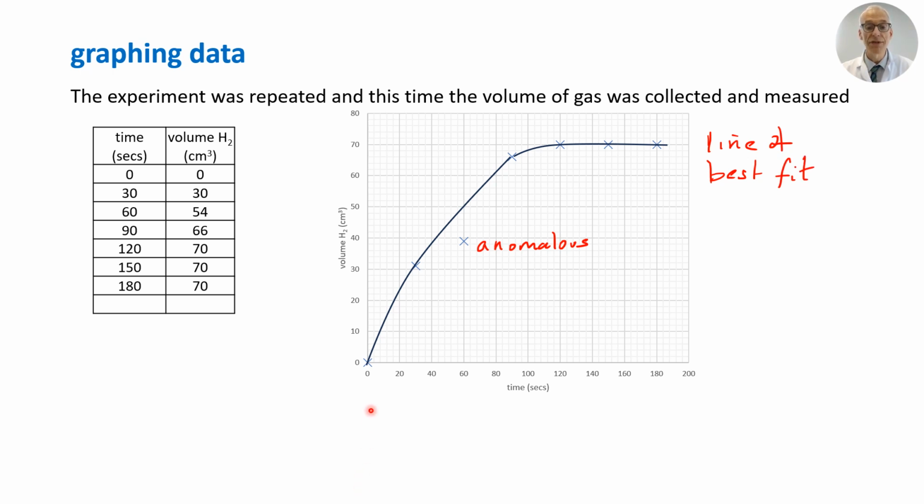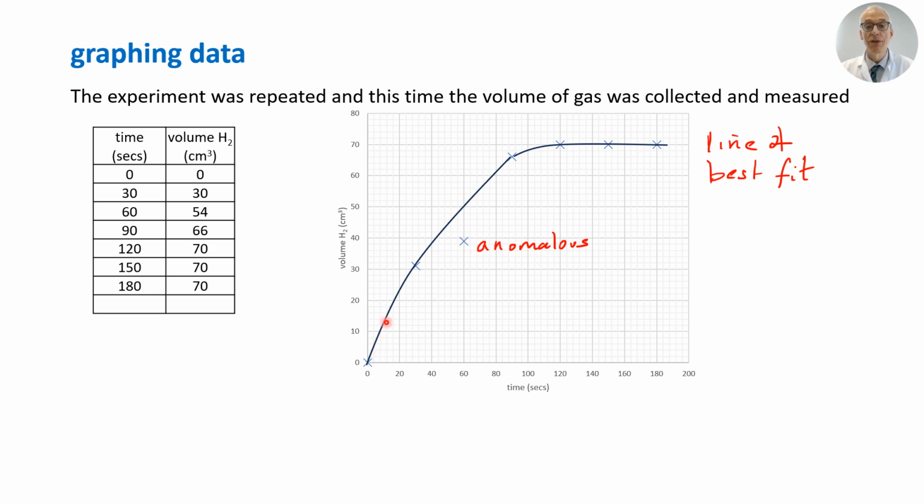Now, the line of best fit doesn't have to go through any of the points, but with the plot that I've got, the line of best fit appears to go through most of the points. We leave out the anomalous point from our line of best fit.